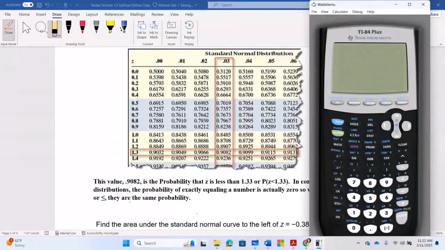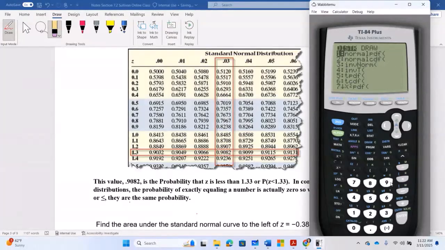All right, and I go to second distribution, inverse norm, the inverse of what you're doing. Remember, we have been using normal distribution, normal CDF, but now anytime I'm given area inside the normal curve, and I'm told to find the Z value, I'll do inverse norm.